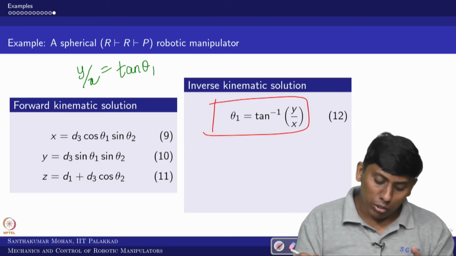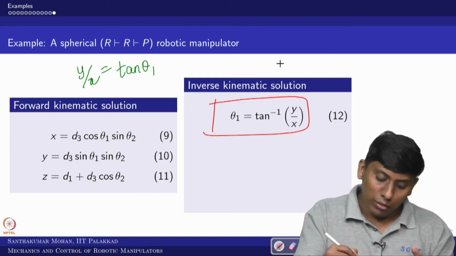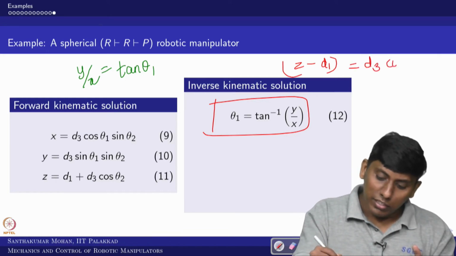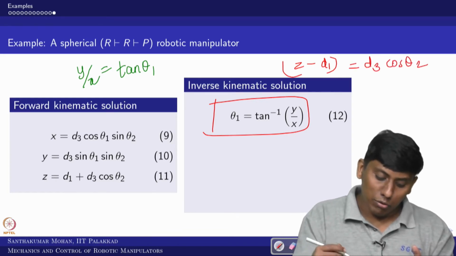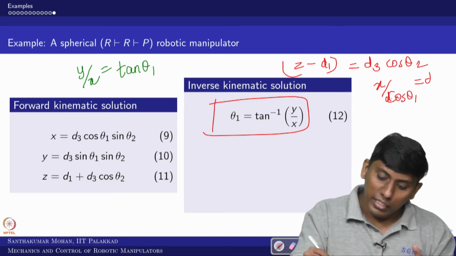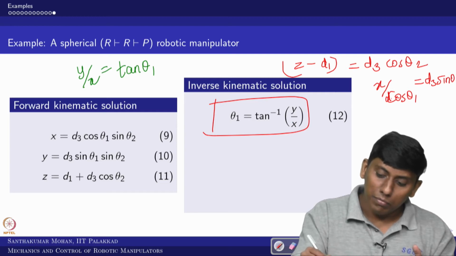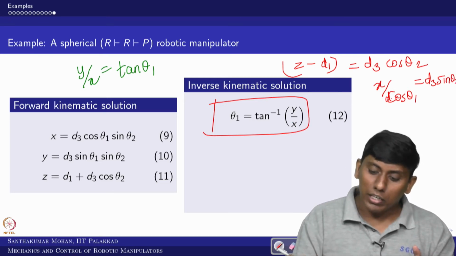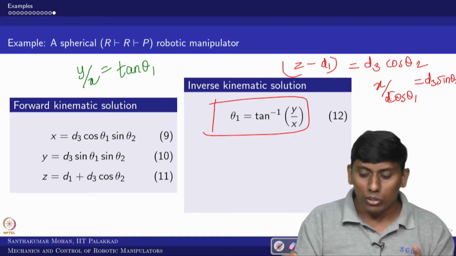So for theta 2, what can one do? You can do it this way. z minus d1 gives d3 cos theta 2, and the other way around, x divided by cos theta 1 is d3 sin theta 2. Now you divide x divided by cos theta 1 by z minus d1, and it will give tan theta 2.